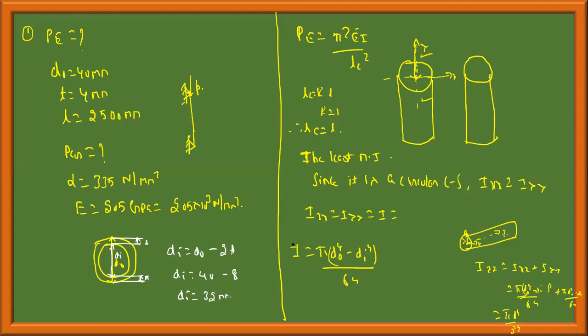Okay, this is our I. Now I is equal to pi by 64 into d naught power 4, d naught is 40 power 4 minus di is 32 power 4.